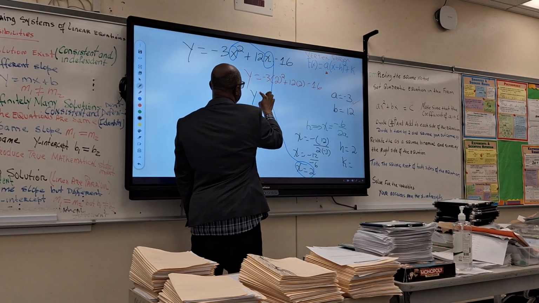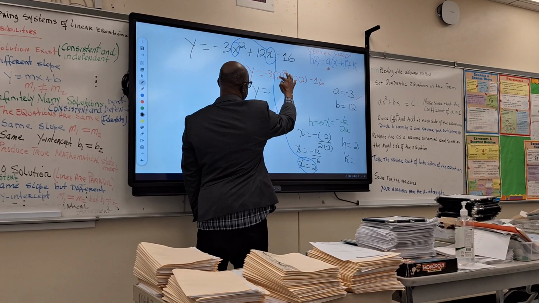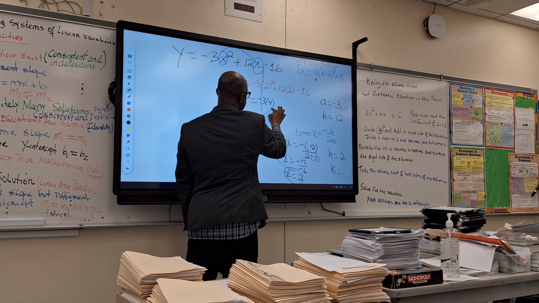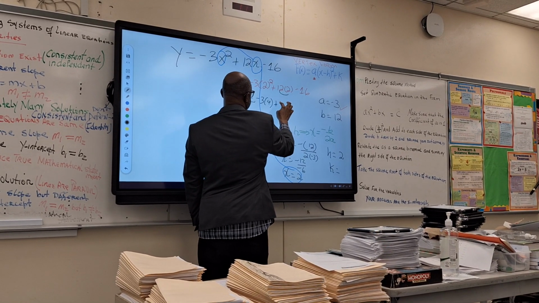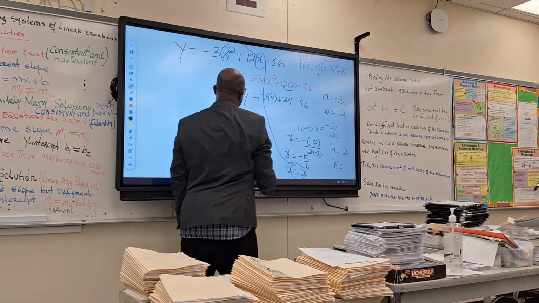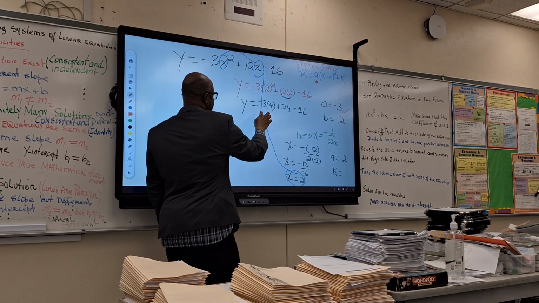Which one do you do first? Do the exponent first, that will give you 4. Negative 3 times 4, then 12 times 2 gives you 24. 24 minus 16, that is the next step. Multiply this.